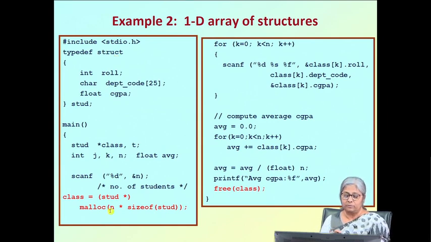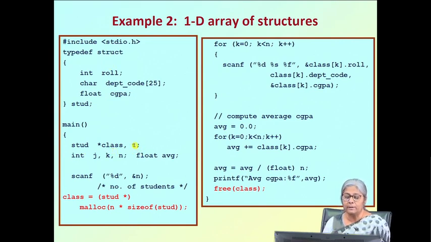Now, we write the main program. So, stud star class and T. So, class is a pointer of data type stud, the student. Already we have defined a student as a new data type, so that type of pointer.